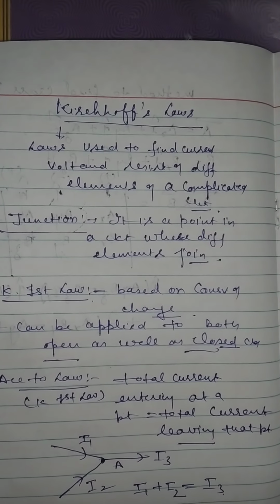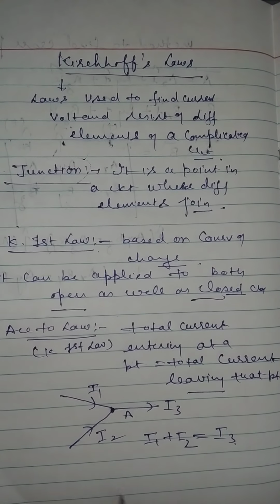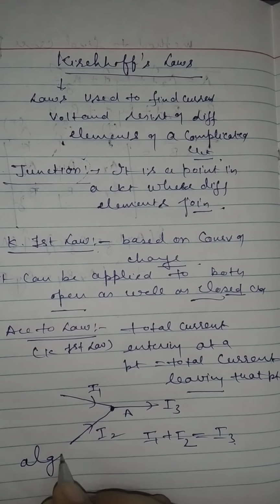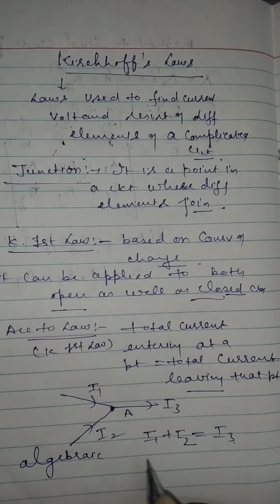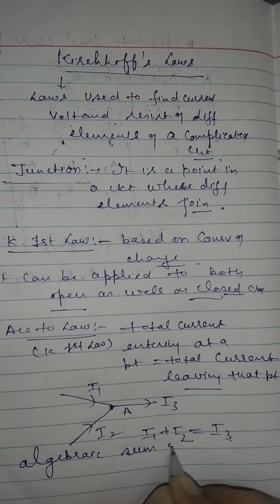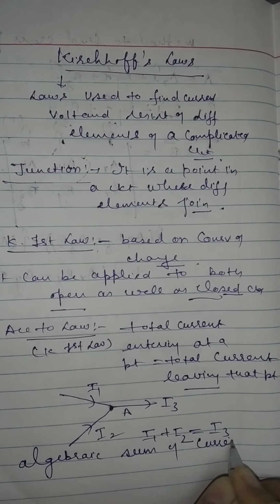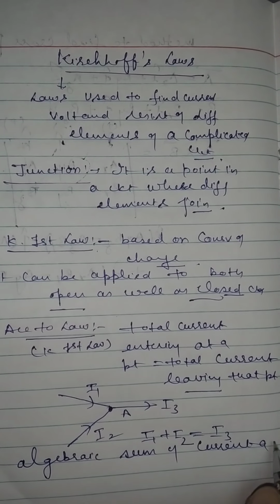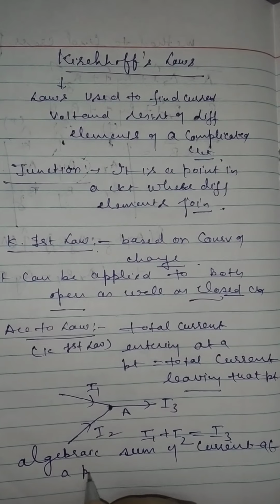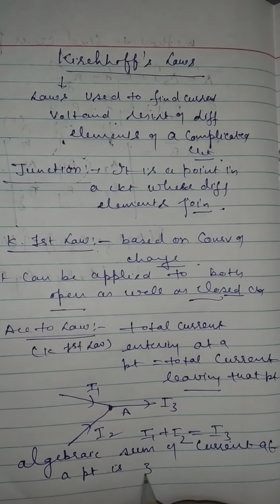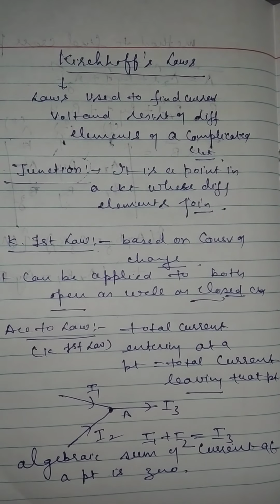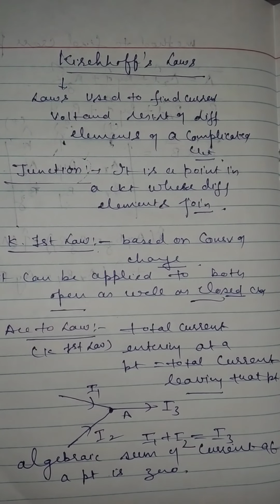I3. Right? There is one other form for this, that the algebraic sum of currents at a point is 0. What is the algebraic sum of the current? इसमें हम sign convention use करेंगे.